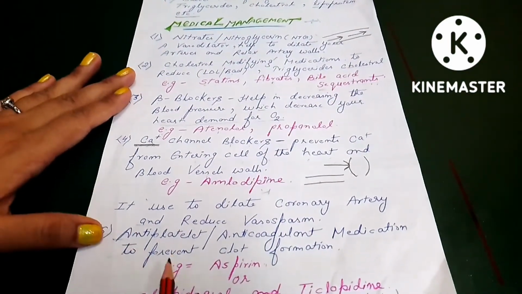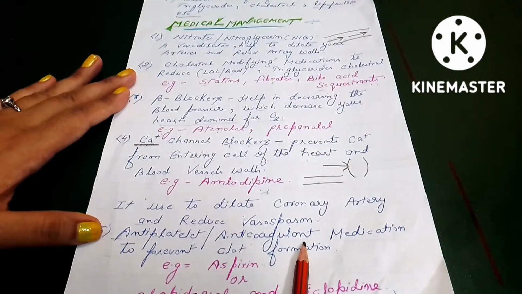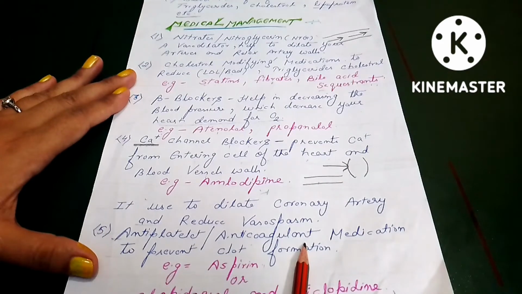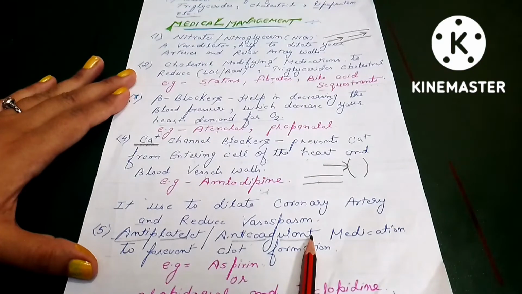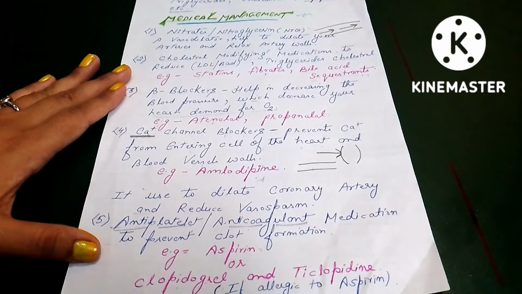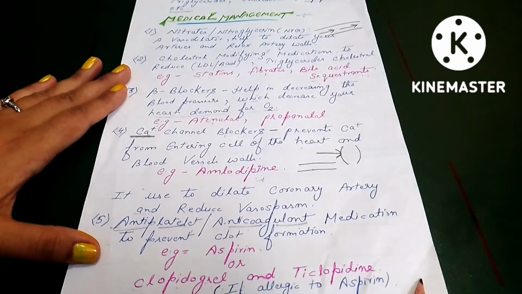The next drug is antiplatelet, also called anticoagulant, meaning it prevents any coagulation or clot formation. Okay, so these drugs will help in dissolution of the clot or prevent clot formation. An example is aspirin. If somebody is allergic to aspirin, they can have clopidogrel or ticlopidine.